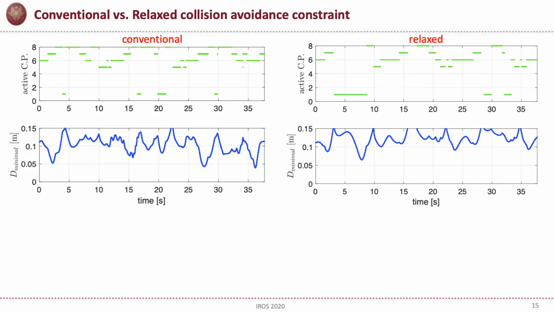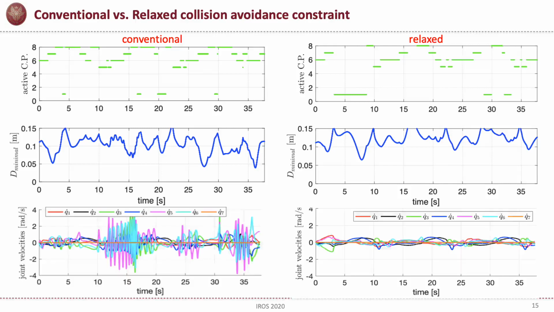In this way, the robot comes closer to other obstacles, repeating a similar behavior. Moreover, in the conventional case, there are not enough degrees of freedom left for joint velocity damping, so an oscillatory behavior can be seen in the joint velocities. This vanishes with the relaxed definition.